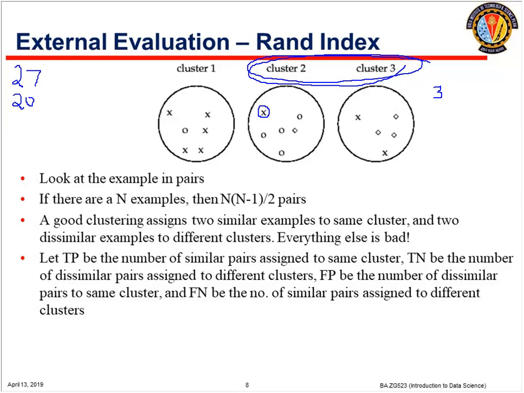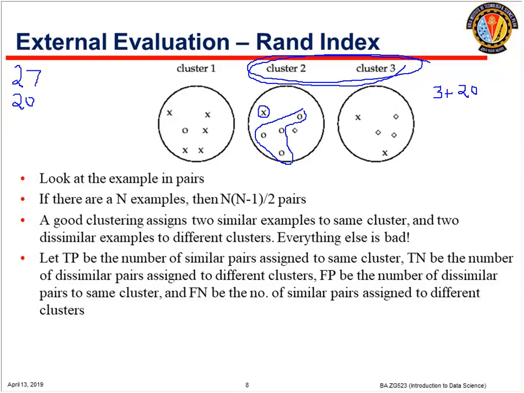Plus, if you look at the 4 circles, then you can take any of the 5 elements. So 4 into 5, so 20 such pairs will be created. Okay, and there's one diamond in the second cluster, and that can form a dissimilar pair with any other 2 x's, right?